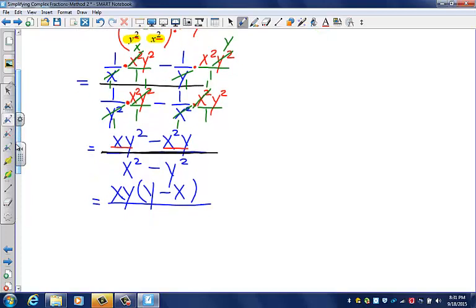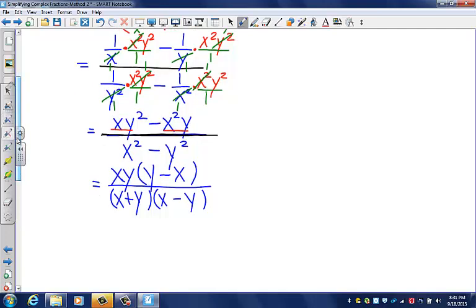And in the denominator, we've seen this before, x squared minus y squared is a difference of 2 perfect squares. Factors into conjugates with different signs. Now it's completely factored. Now I can divide out a common factor. And once again, y minus x is the opposite of x minus y.